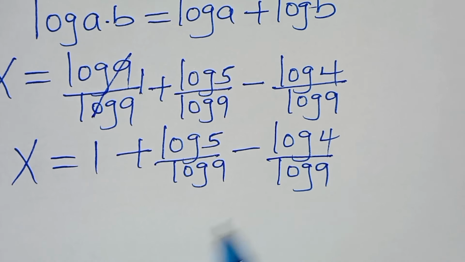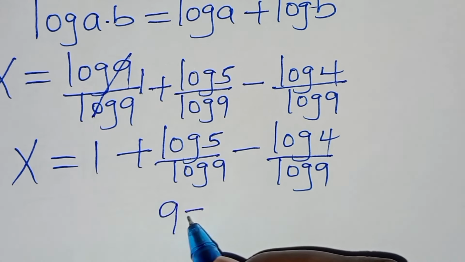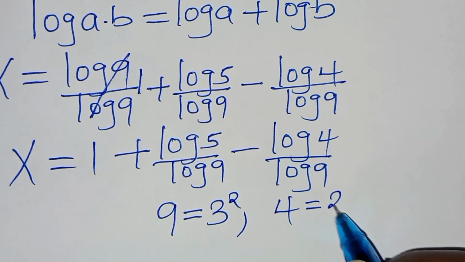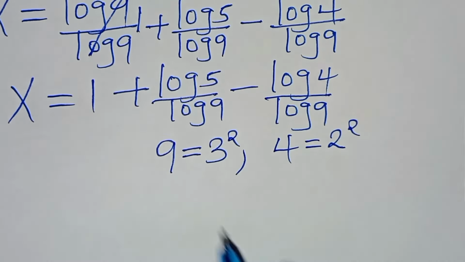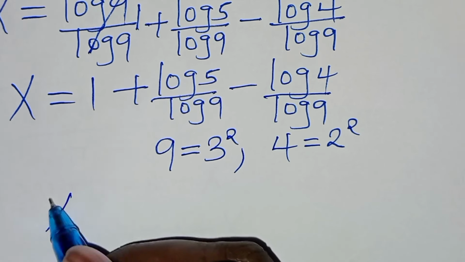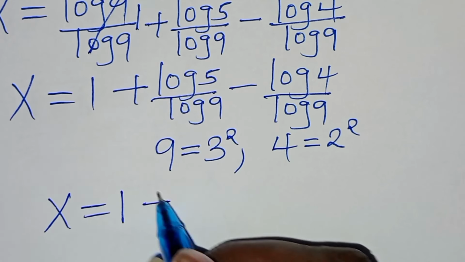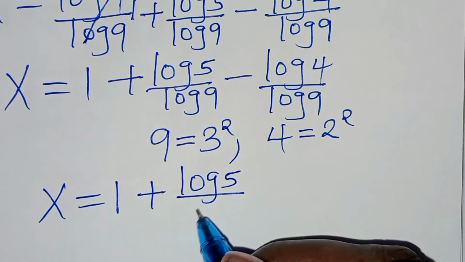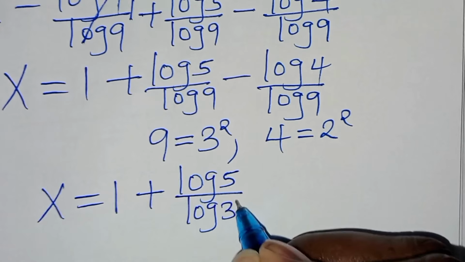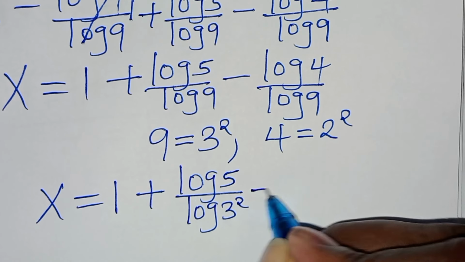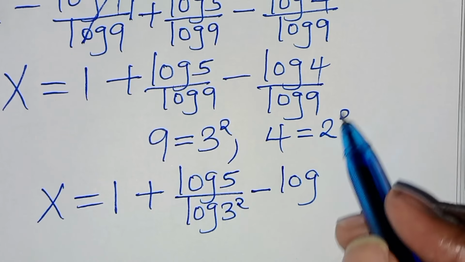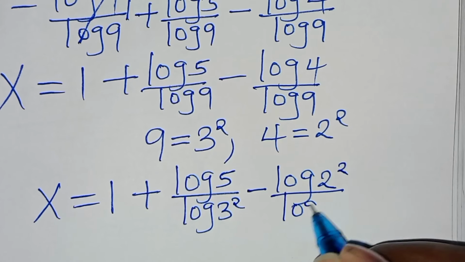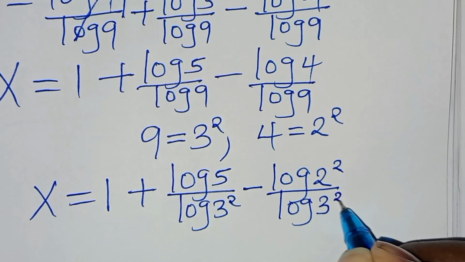The next step from here, we can express 9 as 3 to the power of 2, and we can express 4 as 2 to the power of 2. Let's substitute this so that we have x is equal to 1 plus log 5 divided by log 3 to the power of 2, subtract log 4, which is actually 2 to the power of 2, divided by log 9, which is 3 to the power of 2.